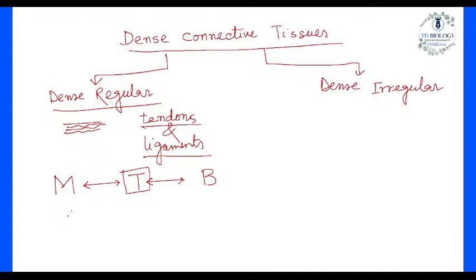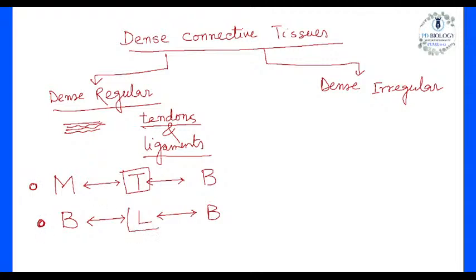And the ligament, we can remember in our way, BLB: bone, ligament, bone. Very important thing to remember.